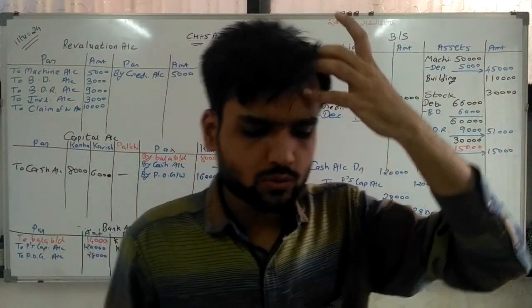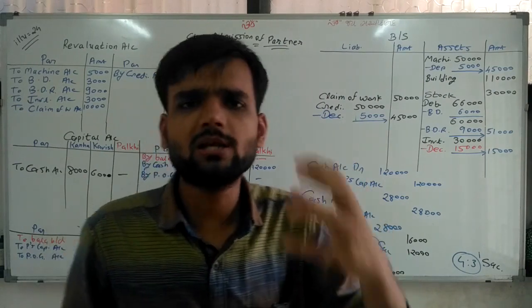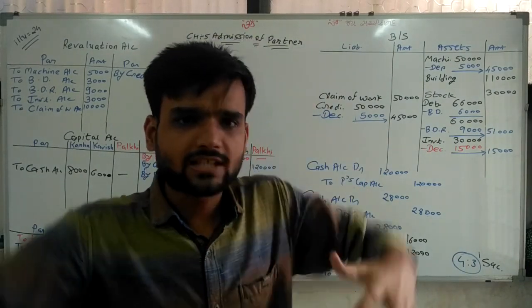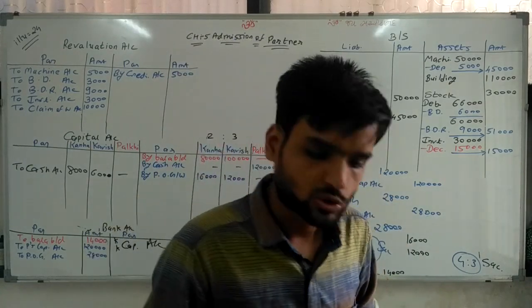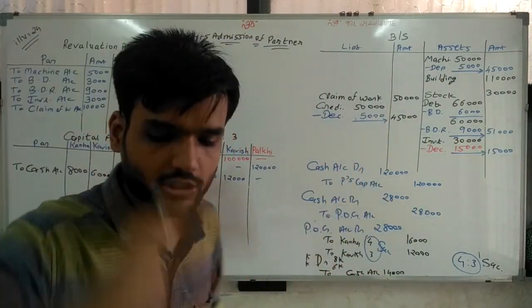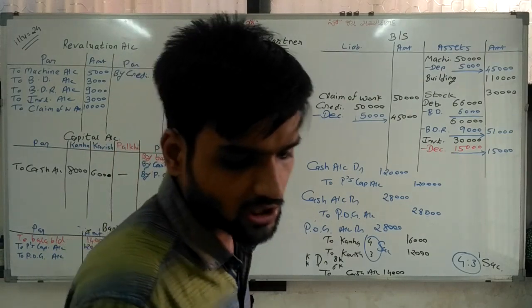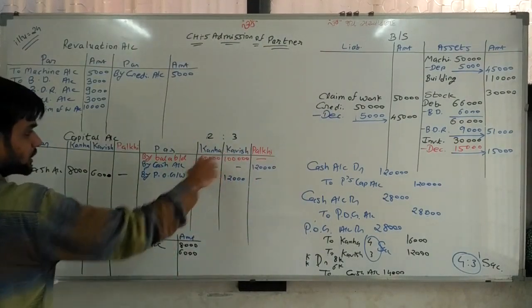Contingency reserve. This reserve exists only for whenever some extraordinary expense arises. Here no information is given, so this contingency reserve is distributed among the partners. Now this 15,000 rupees we are distributing among the partners.